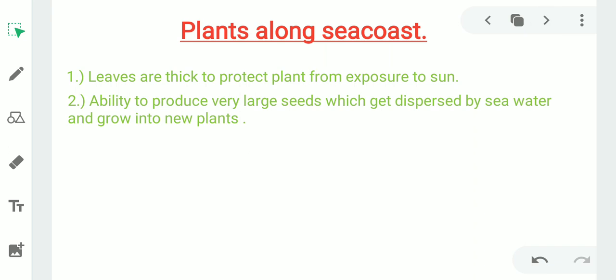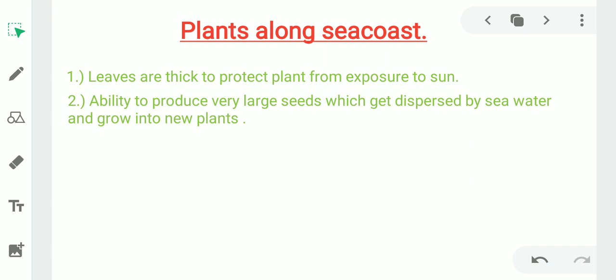What are adaptations in plants along seacoast? Seacoast means the surrounding area near the sea. How do these plants adapt themselves? First point, leaves are thick to protect the plant from exposure to sun.